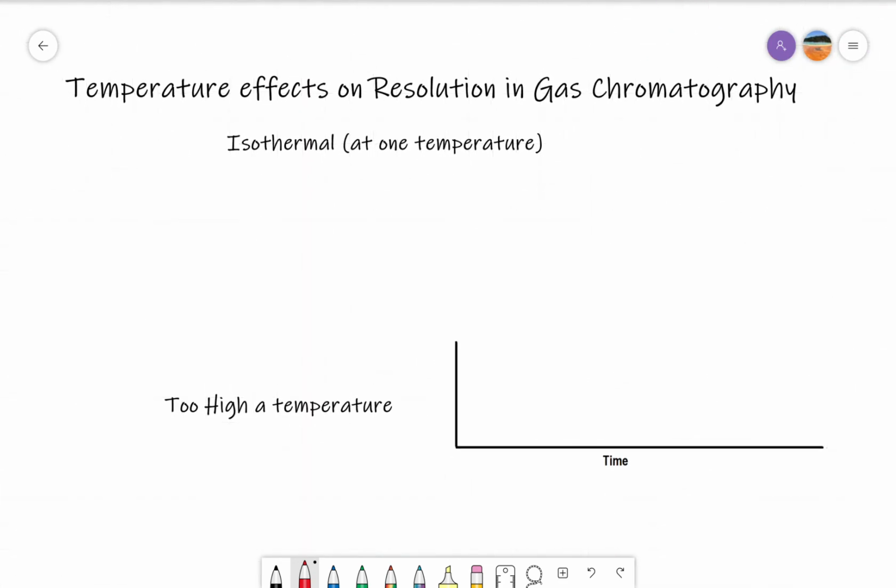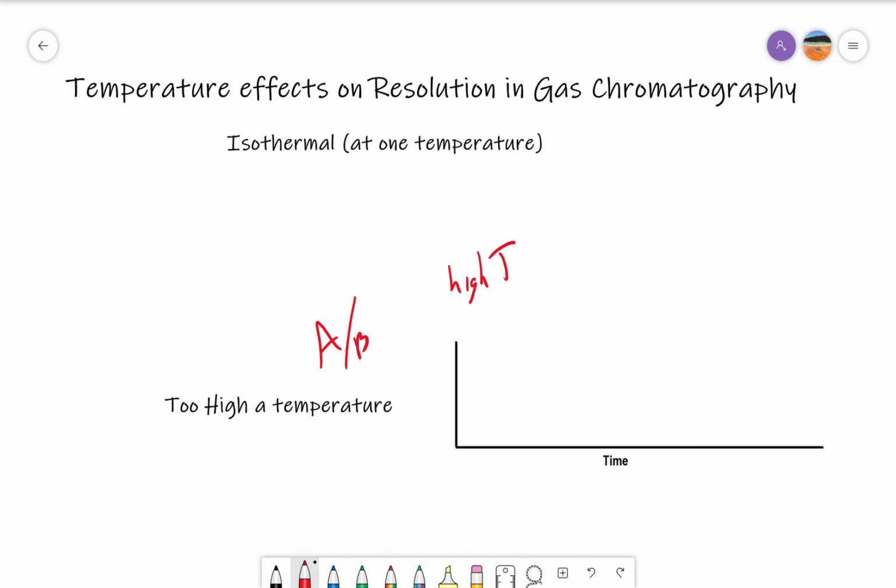So now we can talk about what are the effects of increasing and decreasing the temperature on resolution in gas chromatography. We're specifically going to be talking about what is called an isothermal experiment, or gas chromatography that is occurring at one temperature. Suppose we have compounds A and B, and we put them on the GC column, but the column is at too high a temperature.